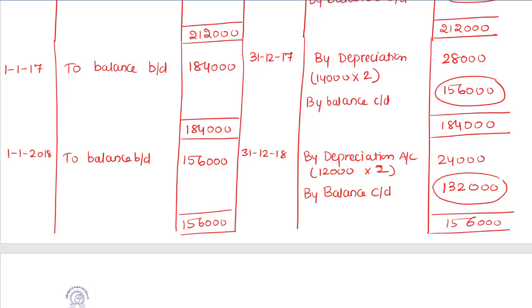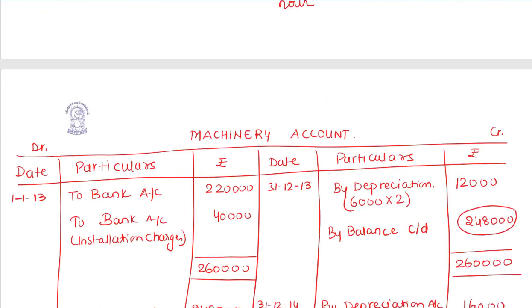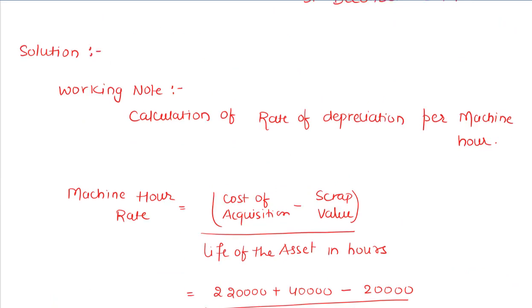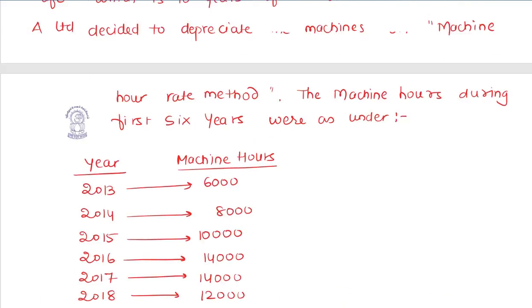I believe you must have understood how we have calculated the machinery account and how we did the accounting for 6 long years in machinery account using machine hour rate method.